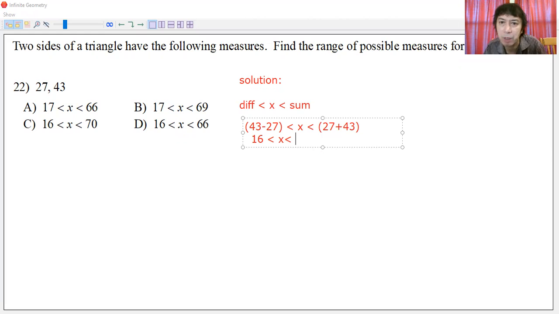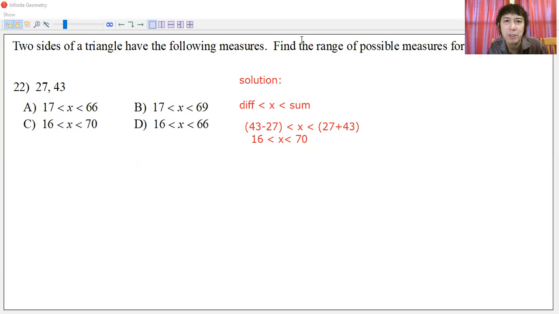And the sum is about 70. 27 plus 43, that should be about 70. 43 minus 27, that should be about 16. All right, so our answer is 16 to 70.